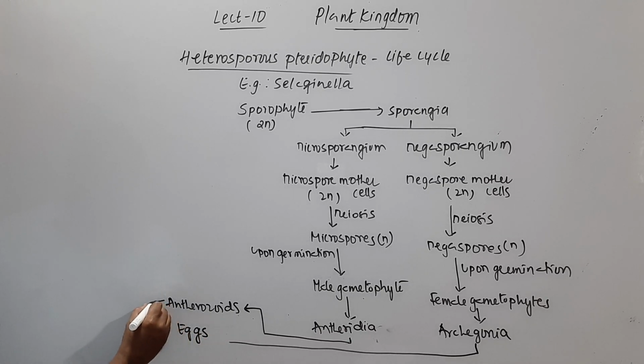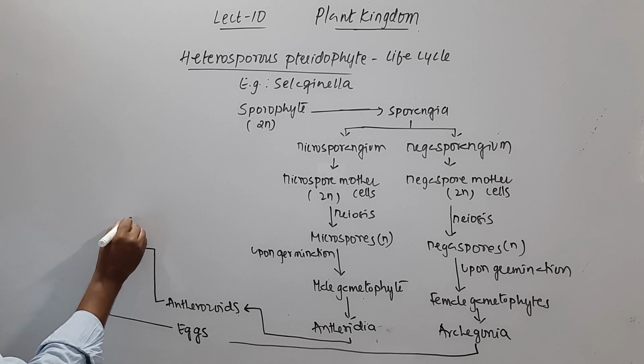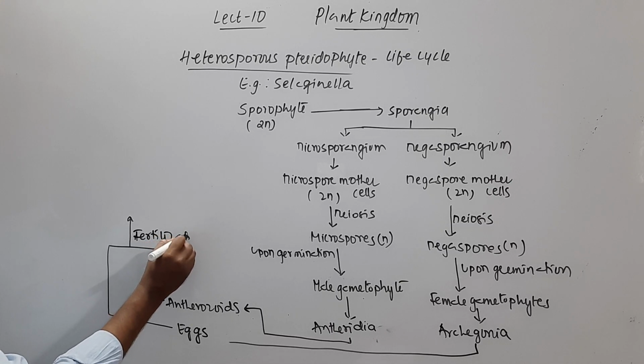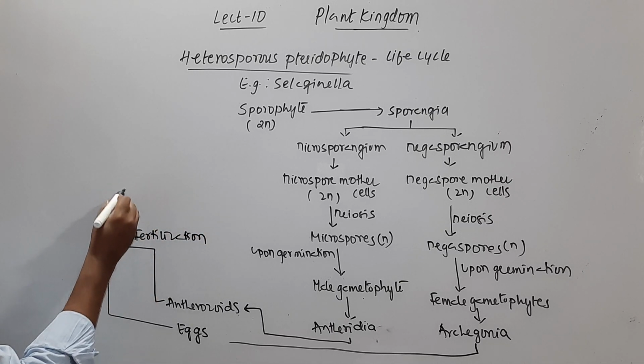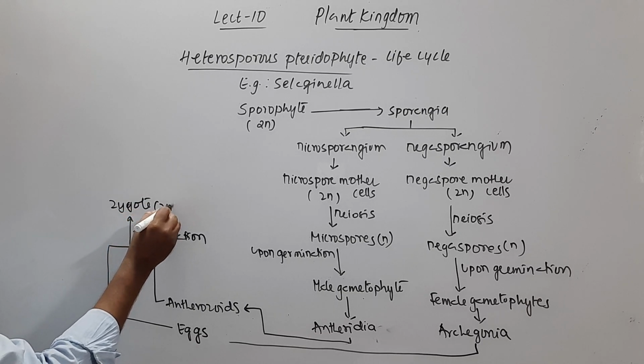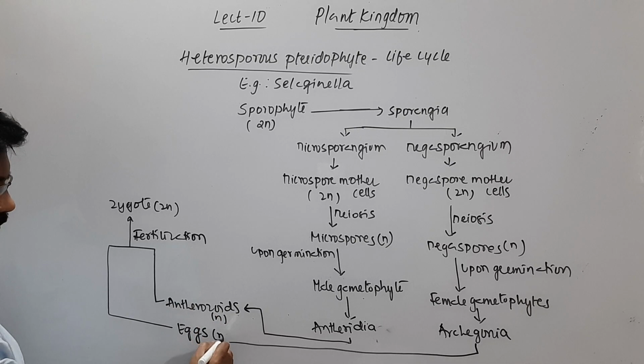Now the antherozoids and the eggs undergo fertilization, and that develops into zygote, which is 2n, because the antherozoids and eggs are haploid.